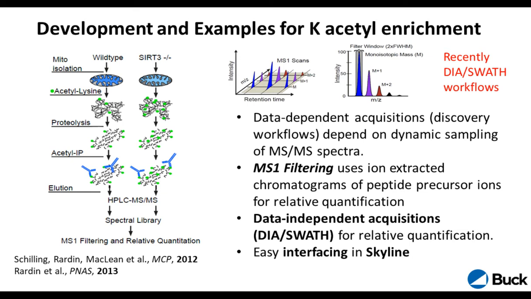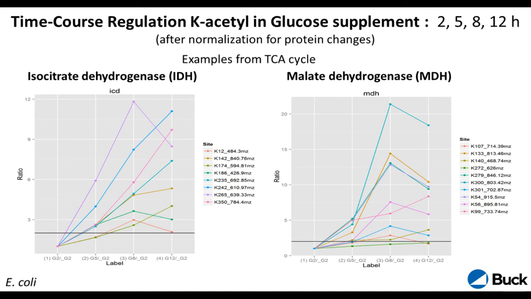The combination of these very efficient enriching antibodies with modern mass spec scan types has allowed us to get deep insights into the biology of these systems, the role of sirtuins in this case, for example.